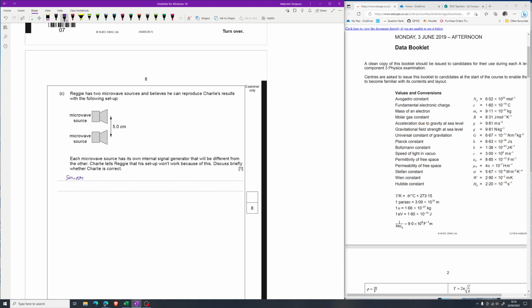So these sources will not be coherent and therefore not produce, they're not going to produce a stable interference pattern.